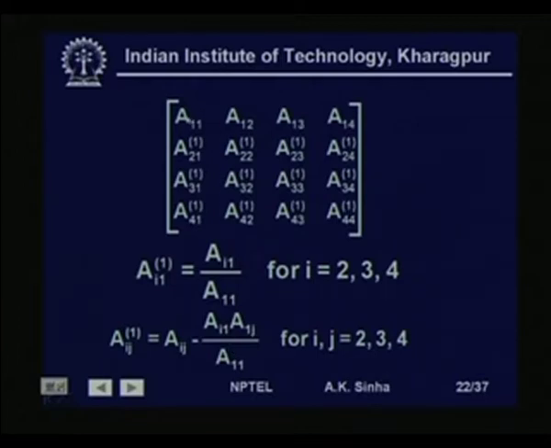That is, we have this element, which is i equal to 2 in this case. So A21 into A12, A21 into A12 divided by A11. This will be this element, and so on, this element and this element, all this processing can be done.